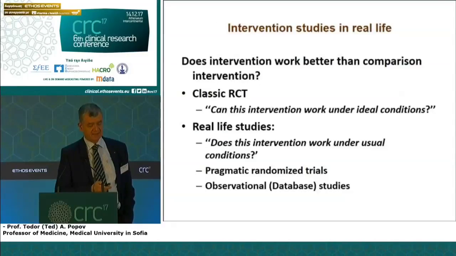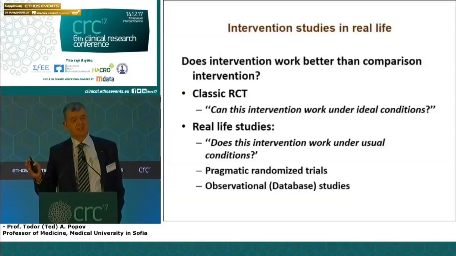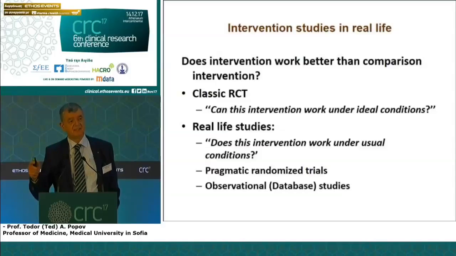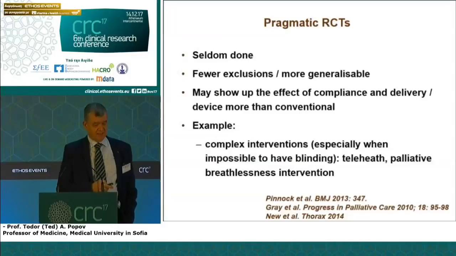So the real life studies can be subdivided into pragmatic randomized trials, something that I showed to begin with, and the observational trials. And part of the observational trials include these database trials that I'll be mentioning now.